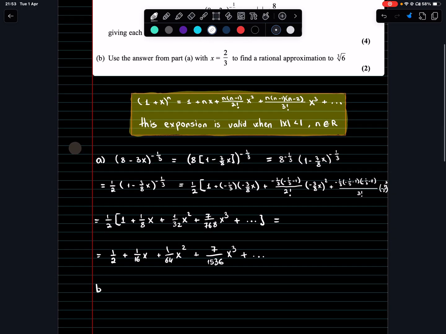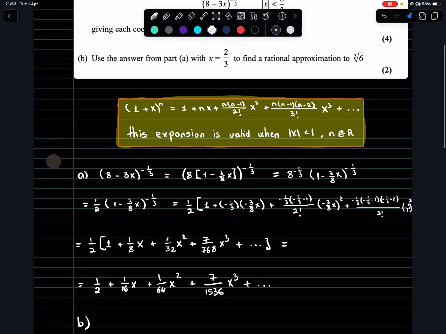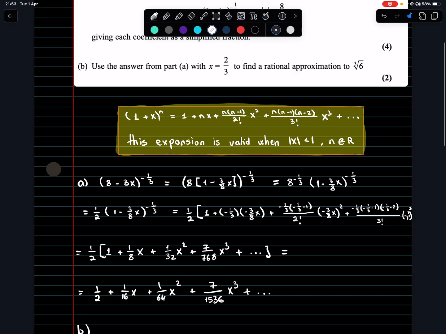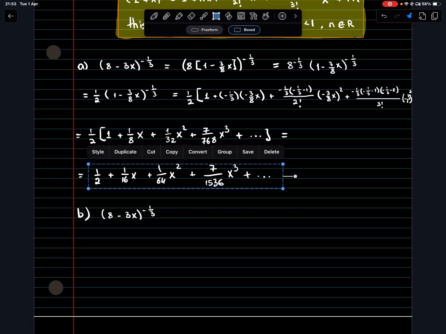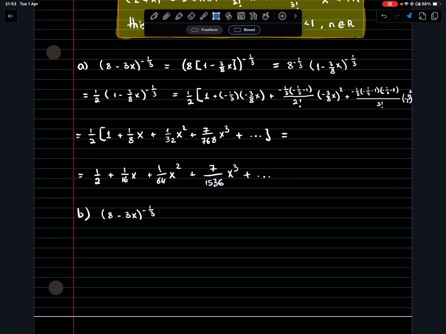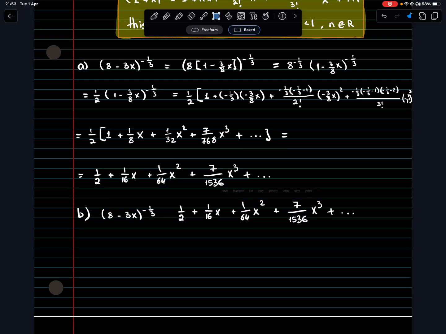And then the second part of this question, they say by taking x equals 2 over 3. Just a quick reminder, this expression we expanded is equal to this one. Okay, so they are the same.